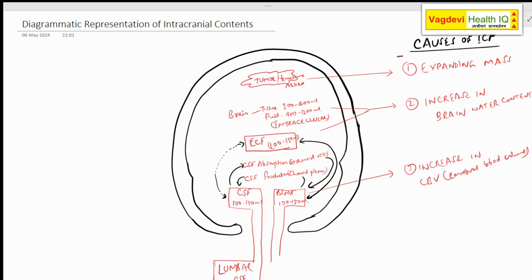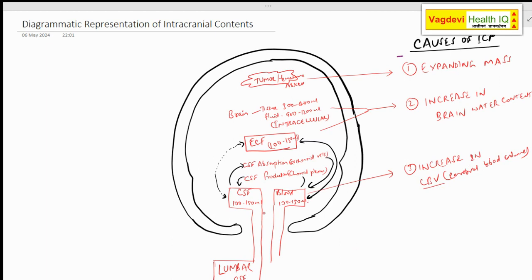It could be caused by vasodilation or venous outflow obstruction. But whatever the reason, it is an increase in the cerebral blood flow, sorry, cerebral blood volume. I'm not getting confused. So anything that increases it will cause this.